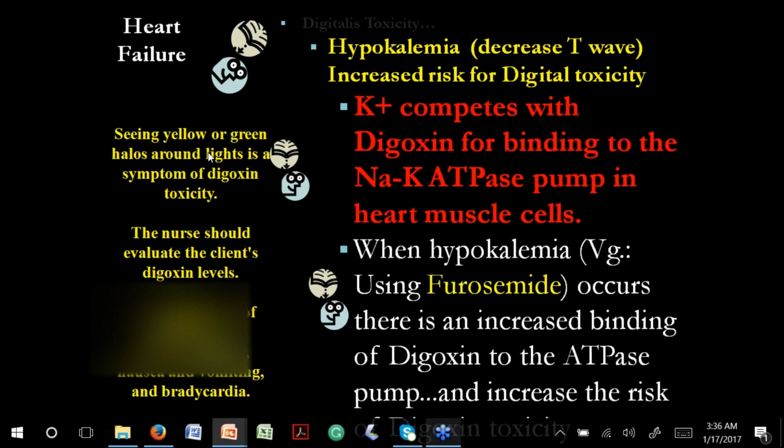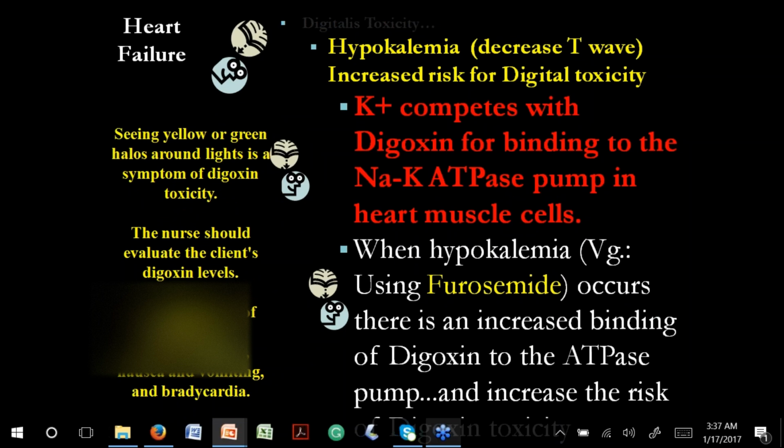So you have hypokalemia. In this case, there is a free area for the digoxin to attach to a receptor on the sodium-potassium pump, and that is going to increase the toxicity levels of digoxin.